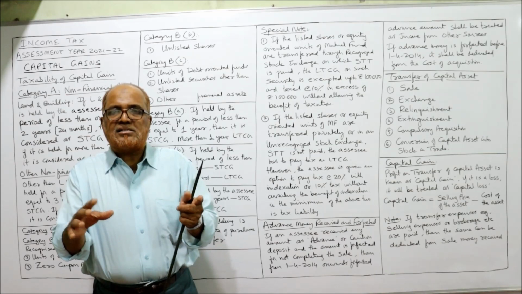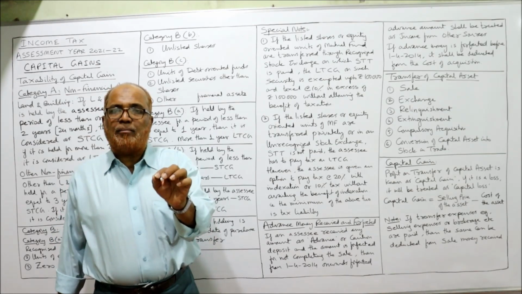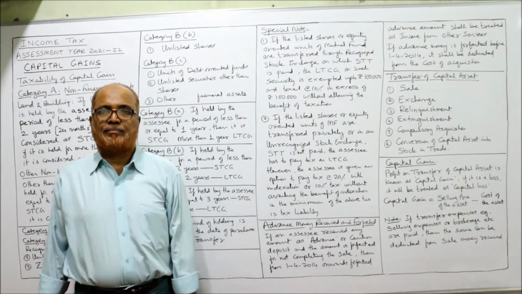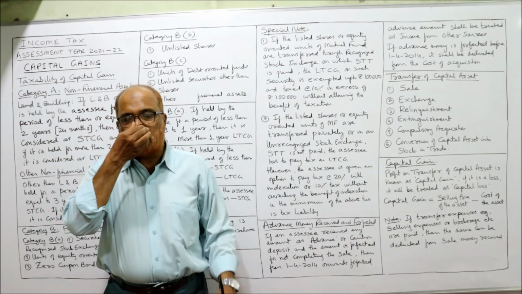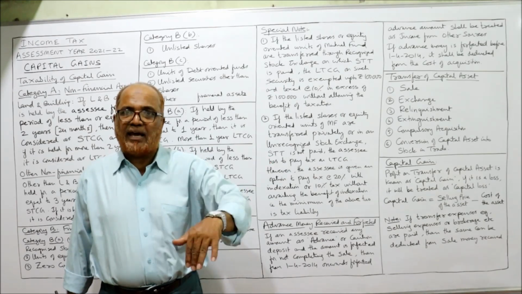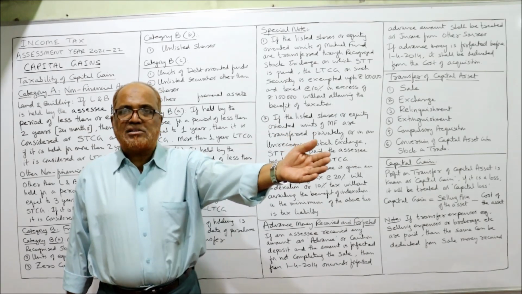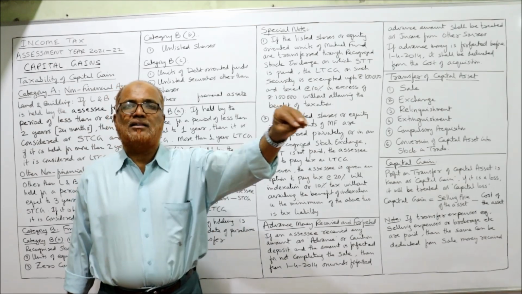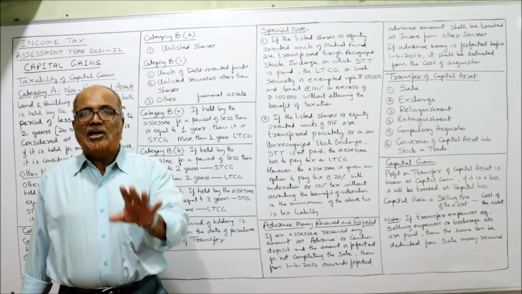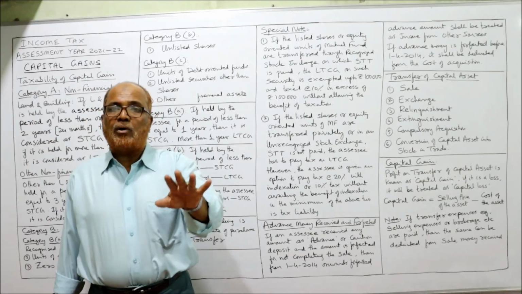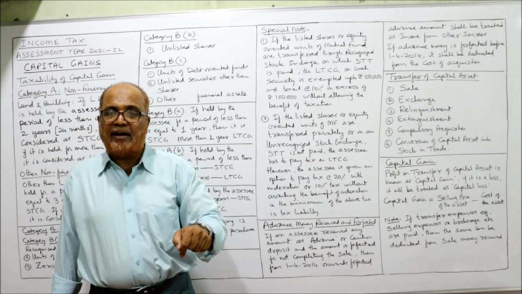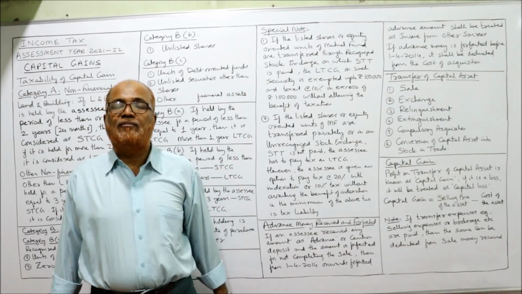Now the agreement says that at the time of signing the agreement, 1 lakh rupees should be paid by Y to X, and the sale deed should be completed within 3 months. So a 3 months time period is given by X to Y. Within 3 months you pay the remaining amount and take the delivery, take the house. That is the agreement. But if you do not pay the amount within 3 months, then whatever advance money you have paid will not be refunded.